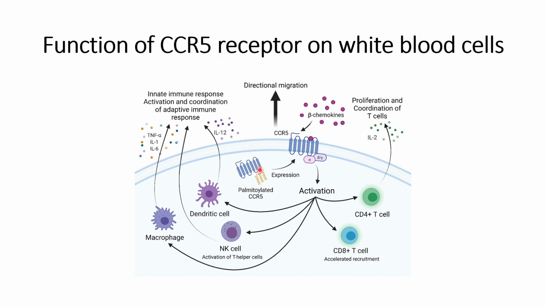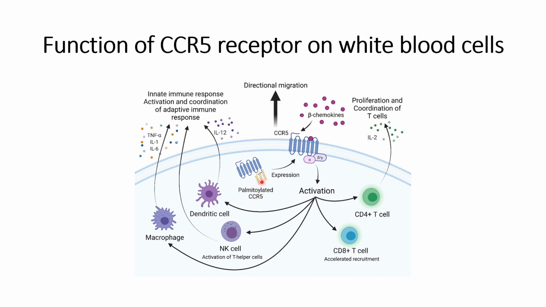So let us understand how this CCR5 helps the white blood cell in maintaining the immune system efficiency within the host. So the process starts with palmitoylation of CCR5. What does this actually mean?